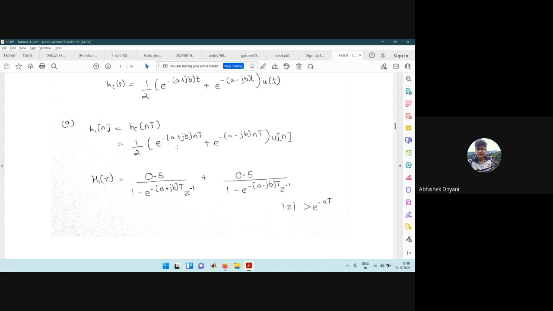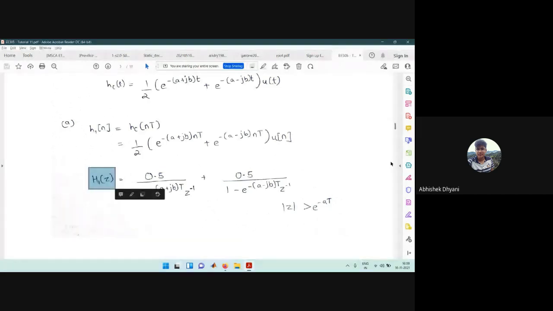This is just like a raised to the power n u[n], right? Similarly, this is also a raised to the power n u[n], and that's the particular relation that we are using to find out this H1(z). And this is the region of convergence, mod z greater than a. With this, we have got H1(z), and that was what question 1 asked for.